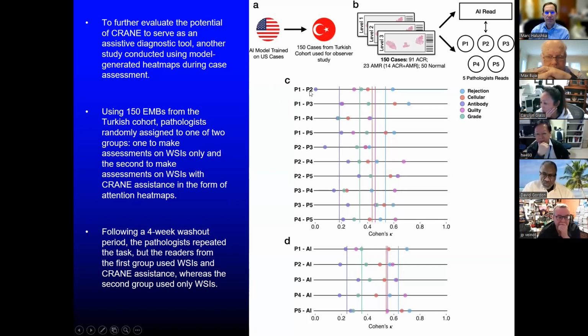You have pathologist 1 compared to pathologist 2, and pathologist 1 compared to pathologist 3, so all the different combinations with 5 pathologists. Their agreement for antibody-mediated rejection, the kappa value is really low. So apparently we don't do very well with histologic AMR, which probably is not a surprise to everybody here.